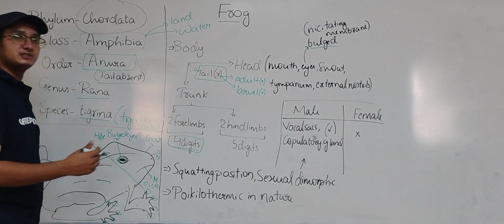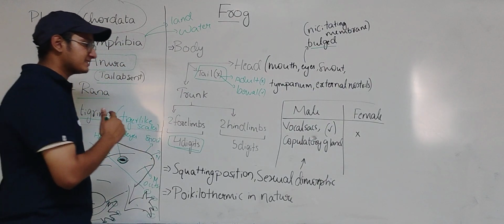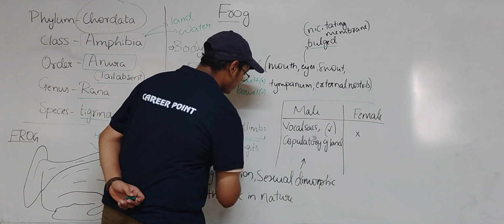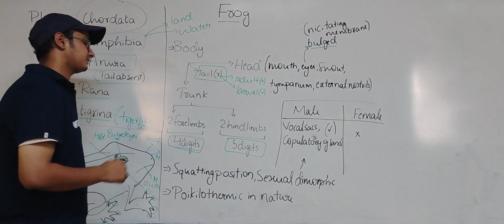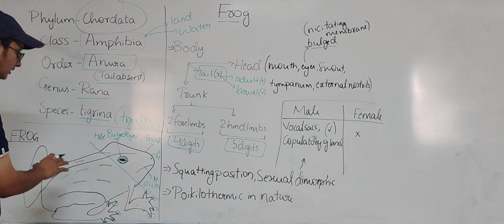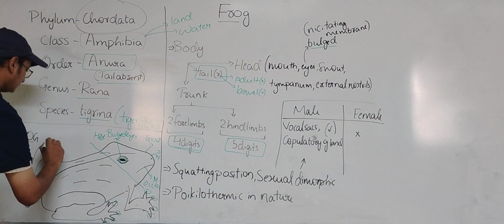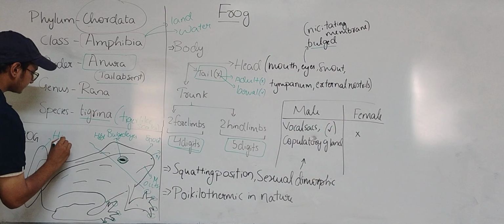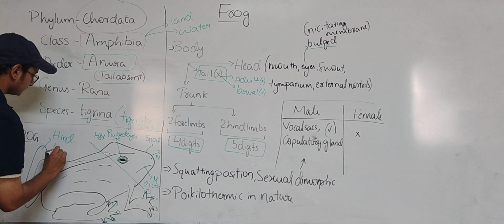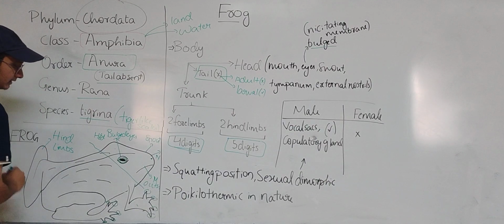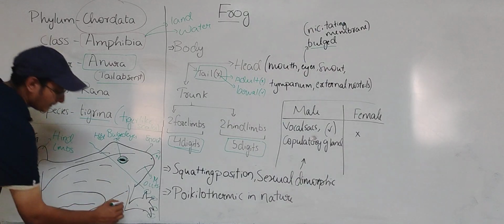And the two hind limbs which are present at the back side have 5 digits in them, 5 fingers. So these are hind limbs.